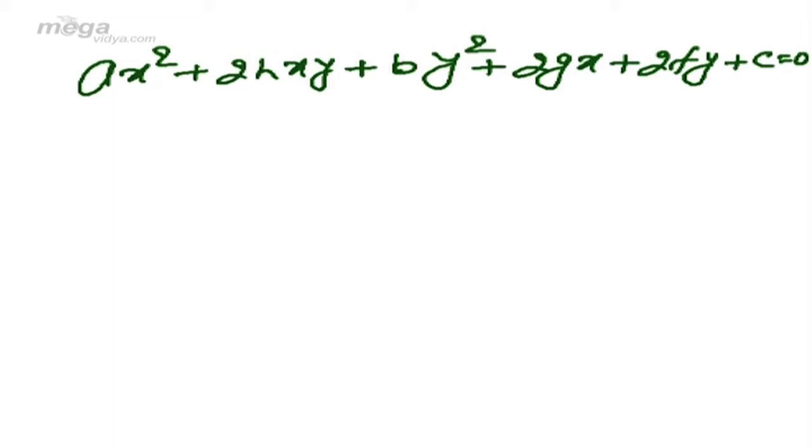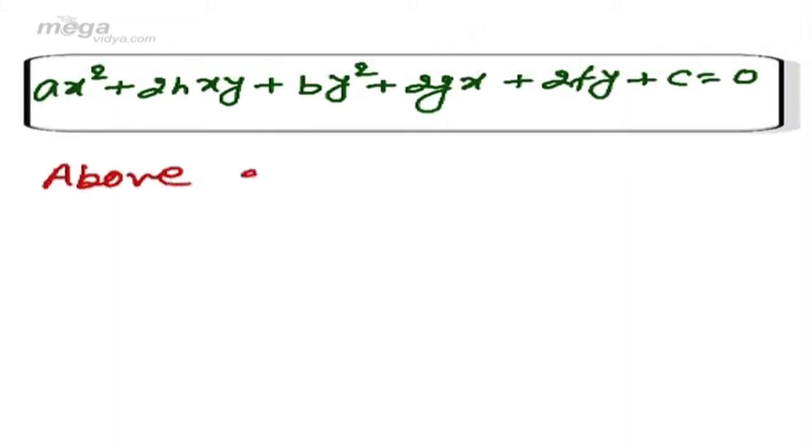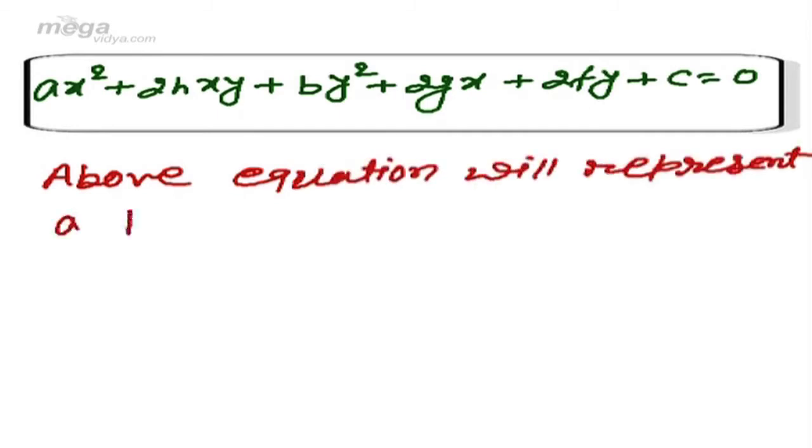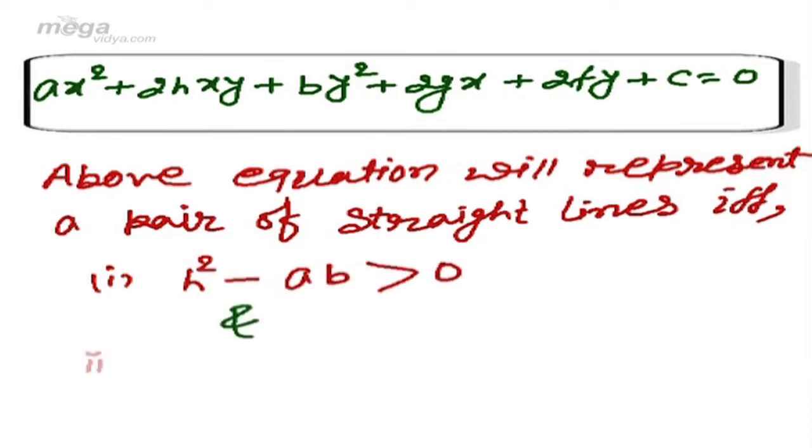Now, when will this general equation represent a straight line? The above equation will represent a pair of straight lines if and only if h square minus ab is greater than 0, and second, the delta determinant should be equal to 0.